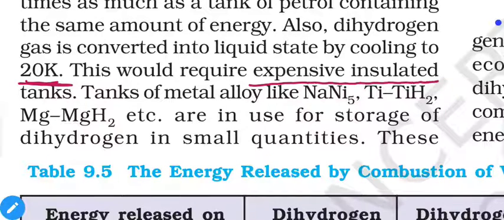But problem with hydrogen is it increases the cost, and second viable option from the petrol is electric car. Electric car also does not produce any kind of pollutants. That's why it is our second favorable option than the petrol.